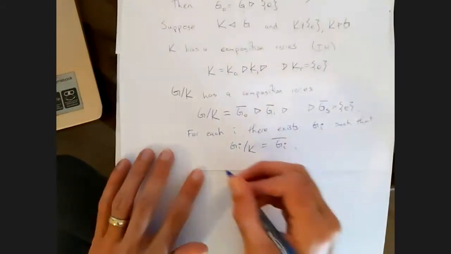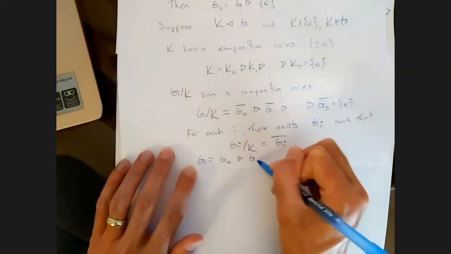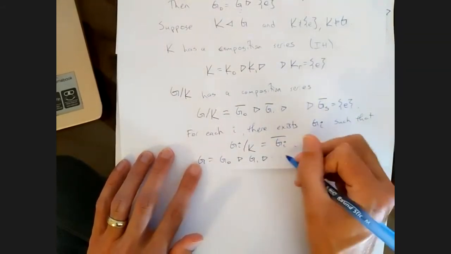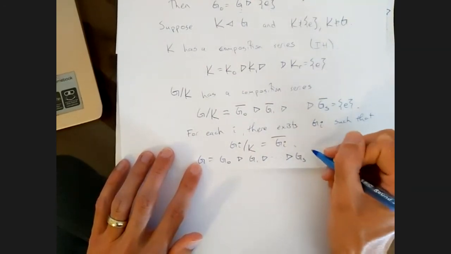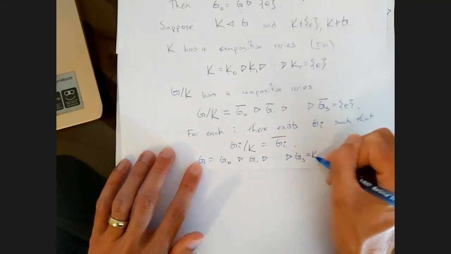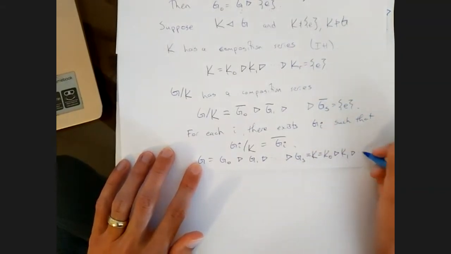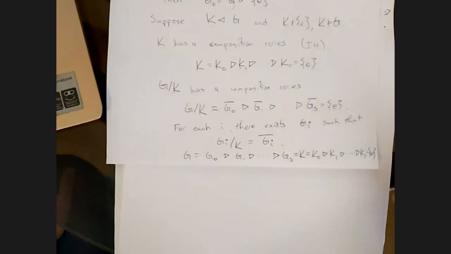So what we have is G equals G0, which is normal in G1, which is normal all the way up to GS, and GS mod K is trivial, so that means GS equals K, then K1, all the way up to KR, which is trivial. So by combining the two composition series, we get a composition series for G.